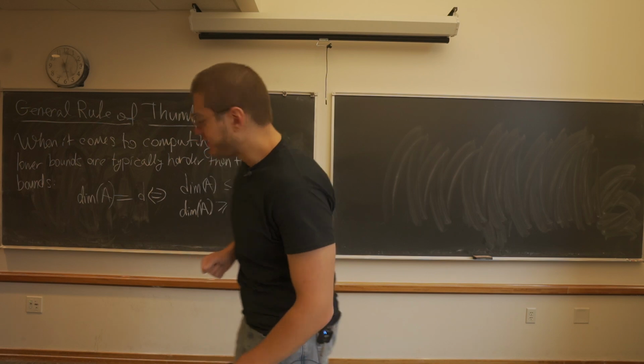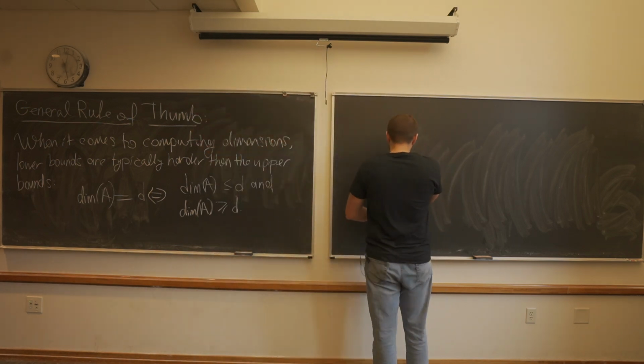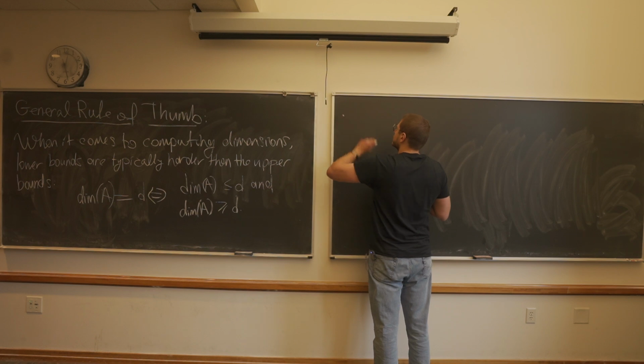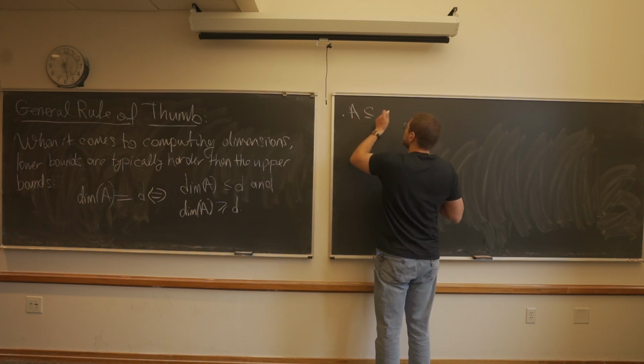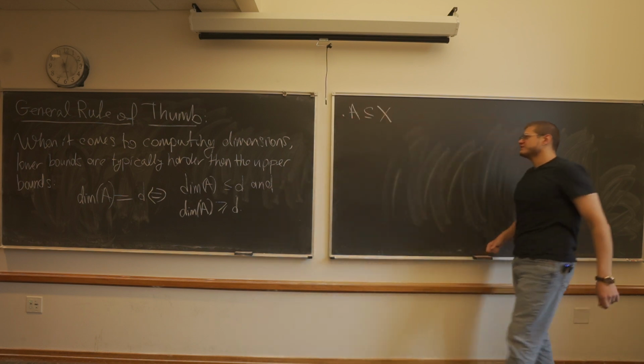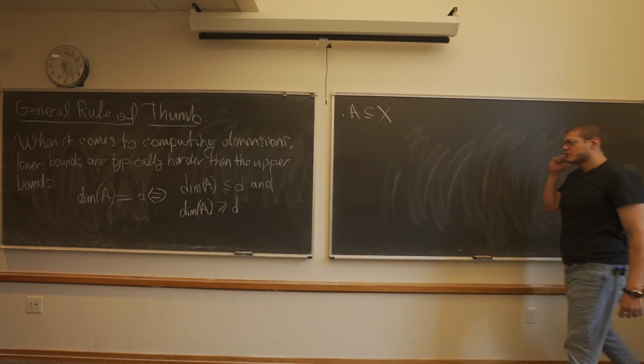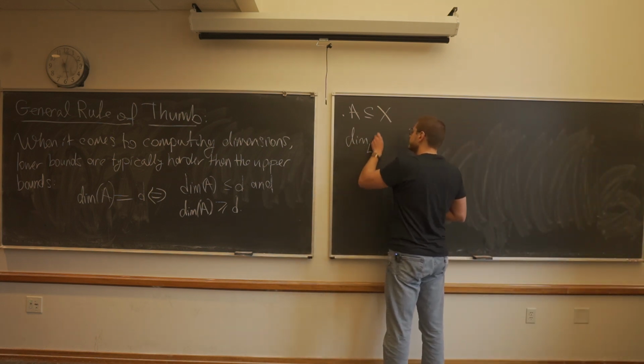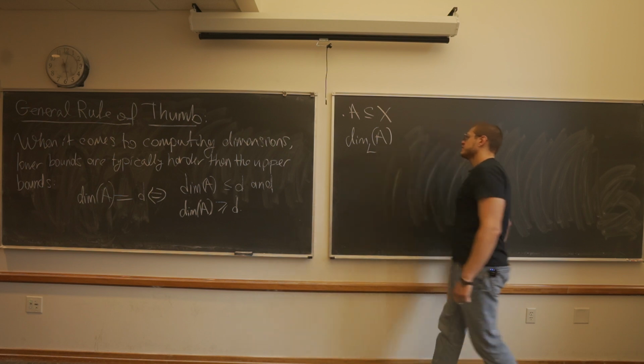So first, let me remind you of some stuff. Let's say that I have a subset A of a metric space X. What was the Lebesgue covering dimension? We denoted this by this.